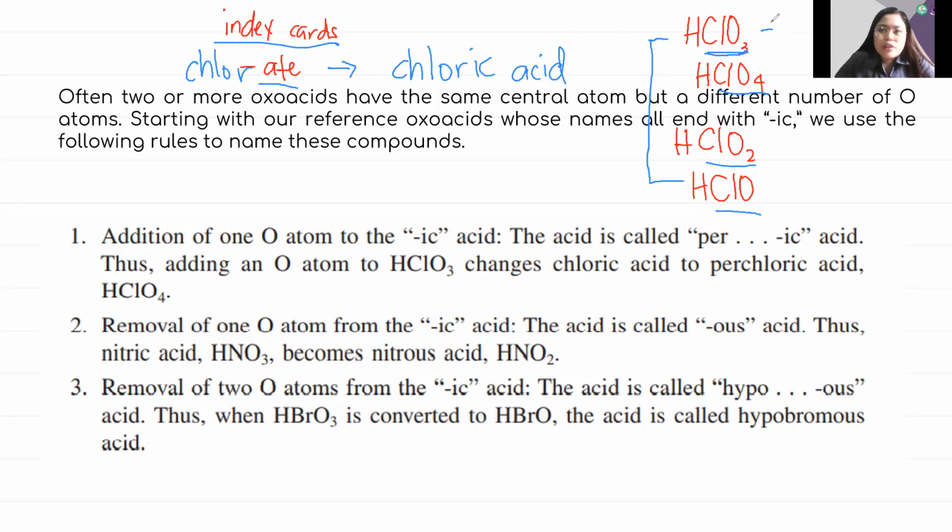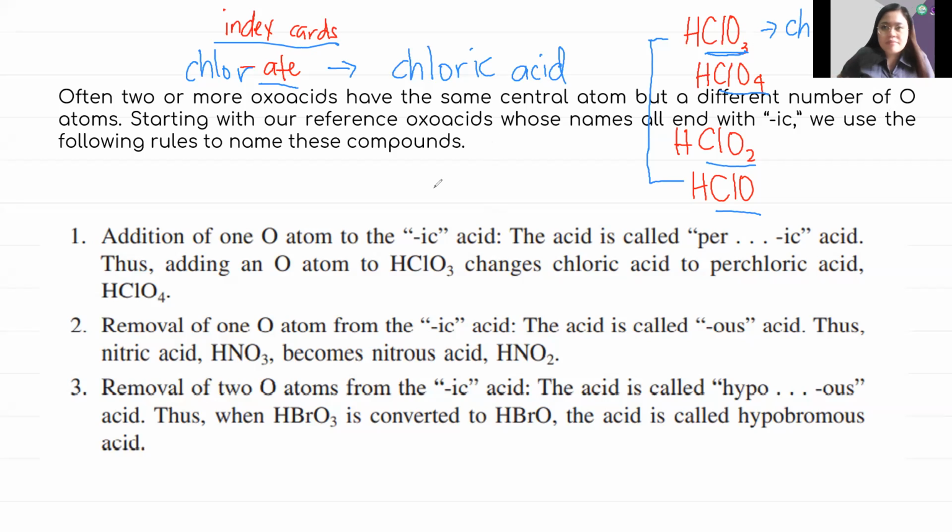So its name is really chloric acid. It is the one that follows our guideline: name of the central atom, change the ending to IC, and add the word acid. Got it or confused? Any question?